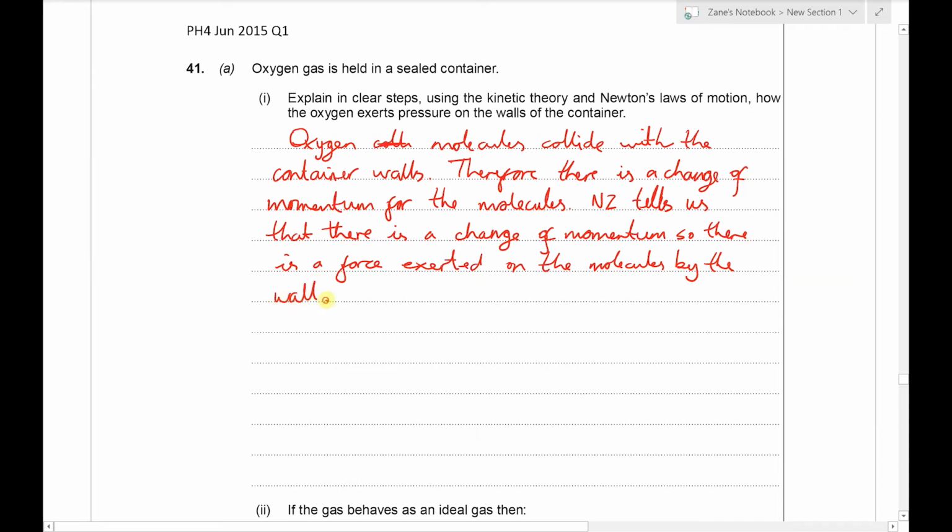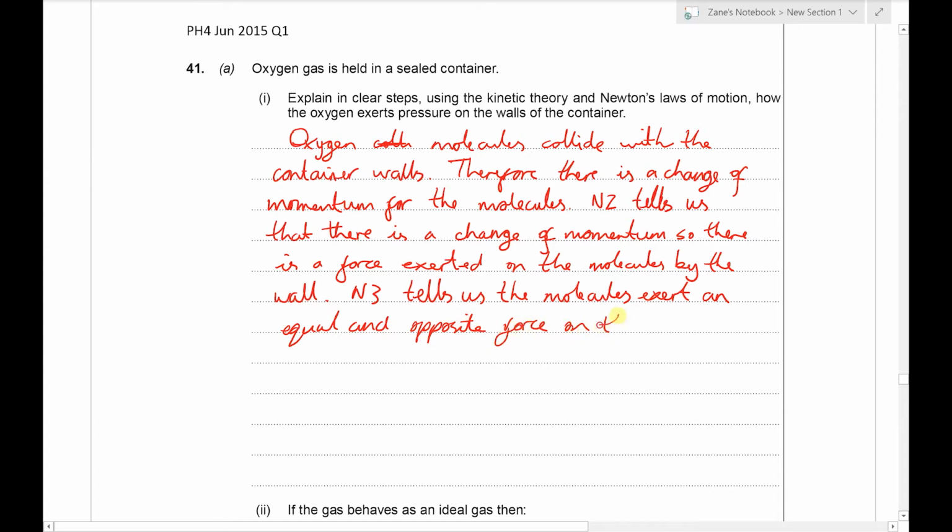So now we can use Newton's third law. Newton's third law tells us then that the molecules exert an equal and opposite force on the walls. If the molecules are exerting a force on the walls, then the pressure exerted on the walls is going to be equal to the force divided by the area of the walls.